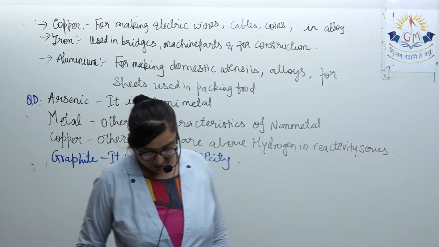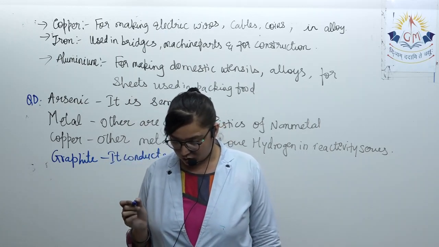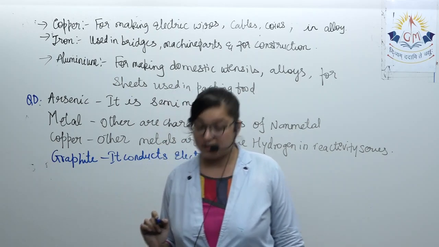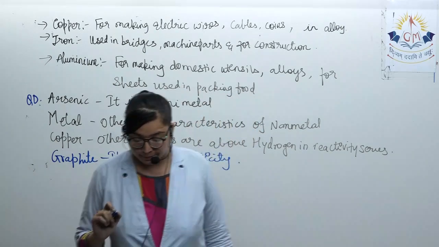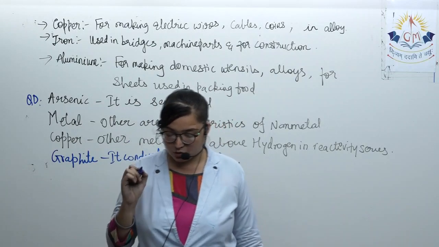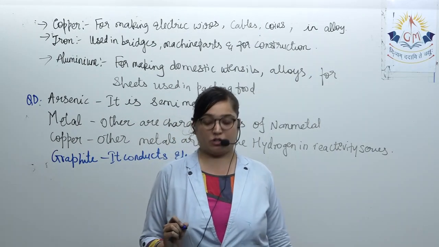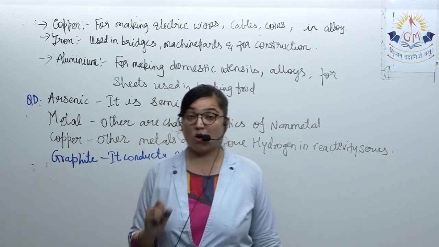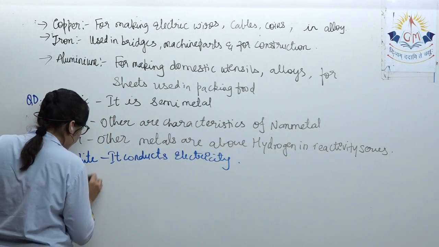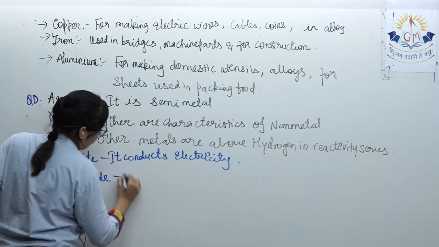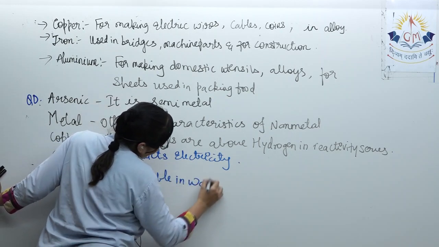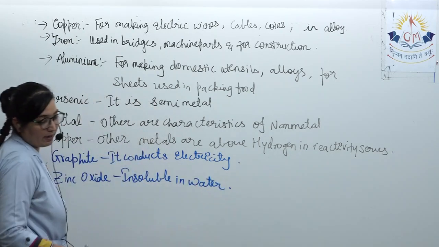Next one: zinc oxide, sodium oxide, magnesium oxide and calcium oxide. Here it's a bit difficult. Calcium oxide, magnesium oxide and sodium oxide are soluble in water. Only zinc oxide is insoluble in water. This is a new one for you. Note this down quickly.